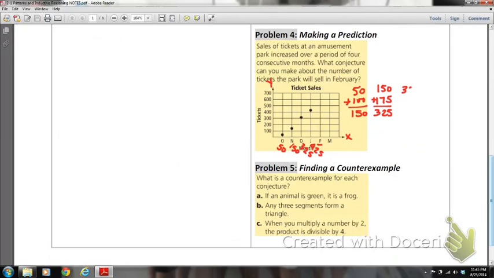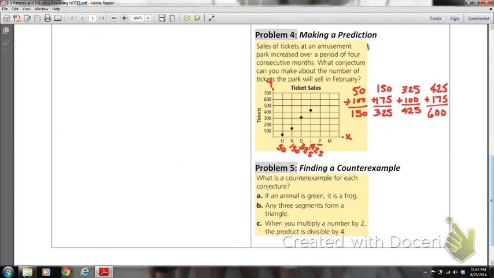So take the 325 and add 100. That will give you the next number, 425. So based on this pattern of adding 100, adding 175, adding 100, it would appear that you would take the 425 and add 175 to get your prediction for February, which is going to be about 600.